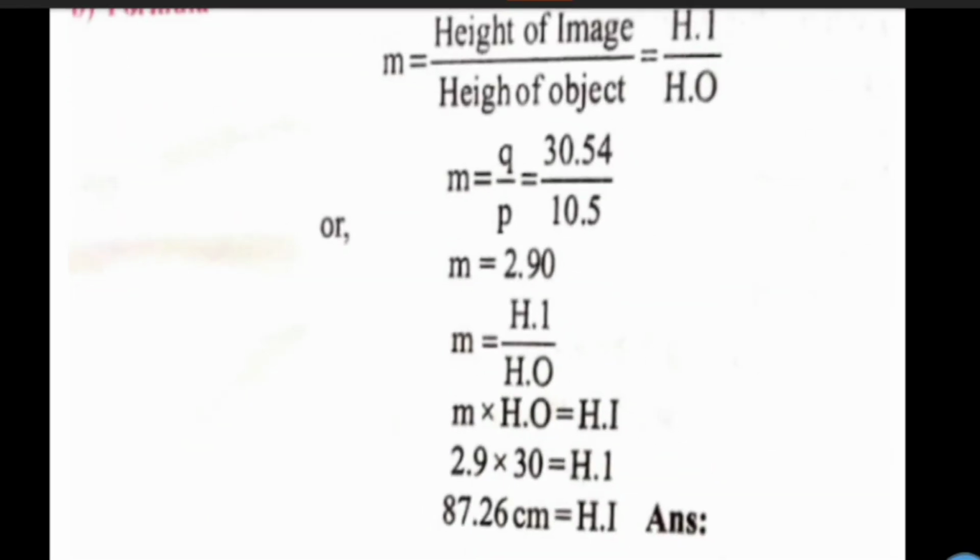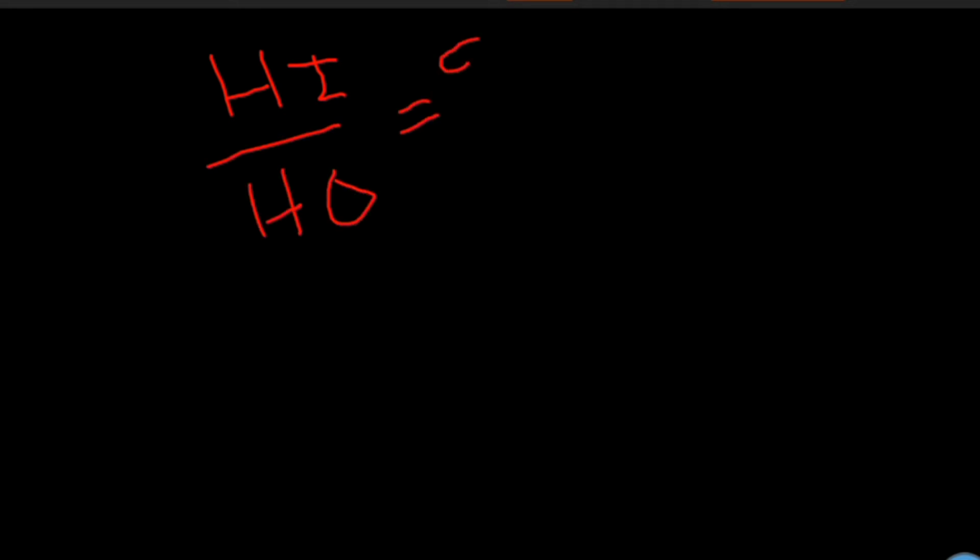Now here we can find the image height. Apply the formula, the third formula. HI upon HO is equal to q upon p.